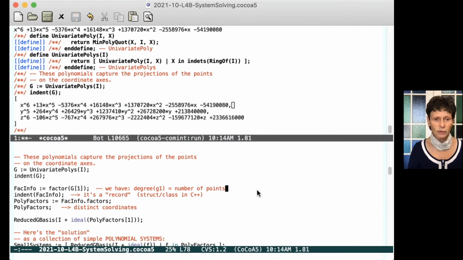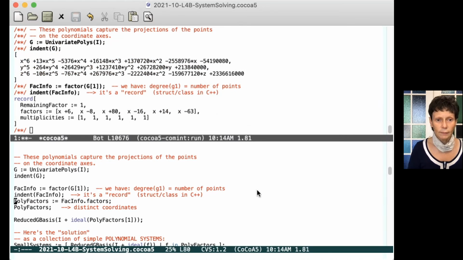So we compute the factorization. And we get this, which is a record, which corresponds in C++ to a struct or a class.